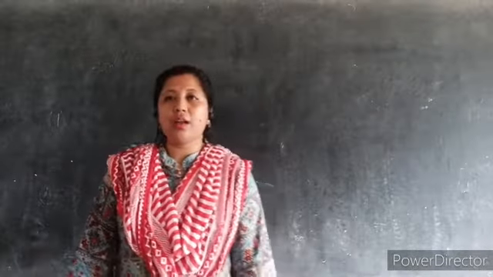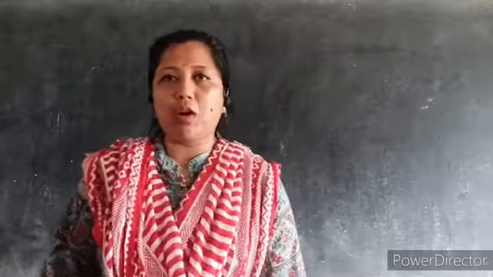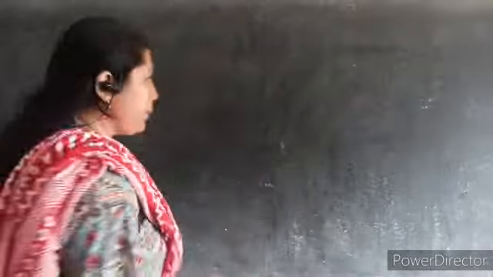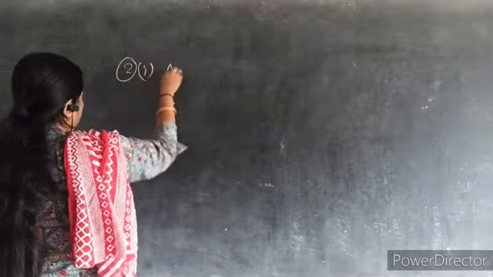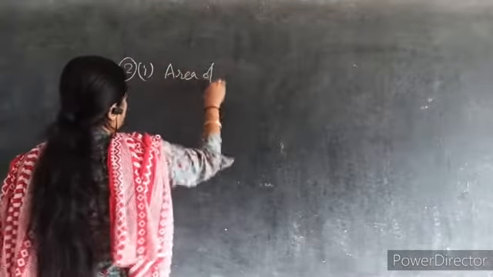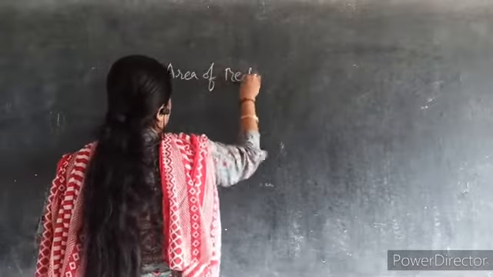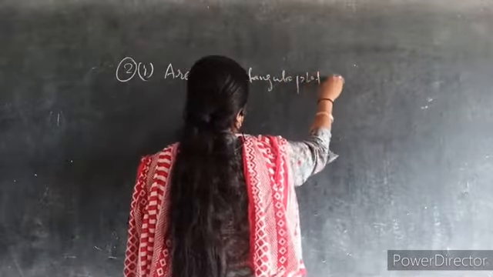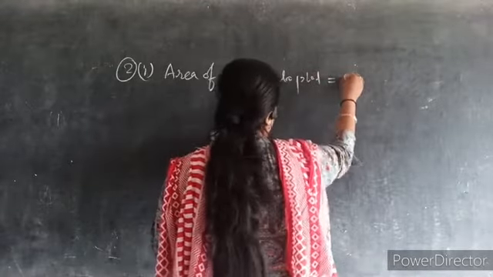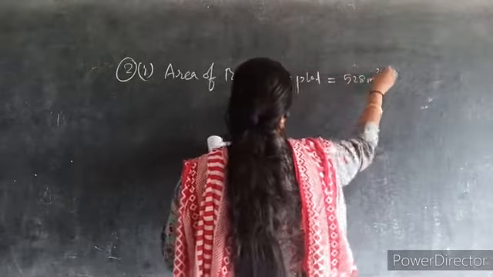So you have to take only one variable. Okay. So in this question, your area of the rectangular plot is given 528 meters square.